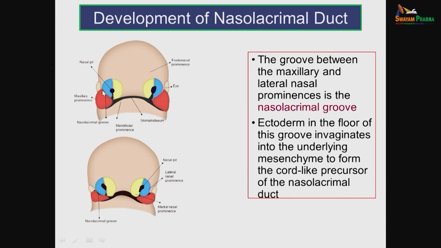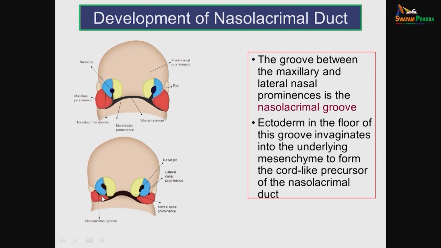This nasolacrimal groove lies between the maxillary process and the lateral nasal process. The ectoderm in the floor of this groove invaginates into the underlying mesenchyme and forms a cord-like precursor for a duct which is called the nasolacrimal duct.